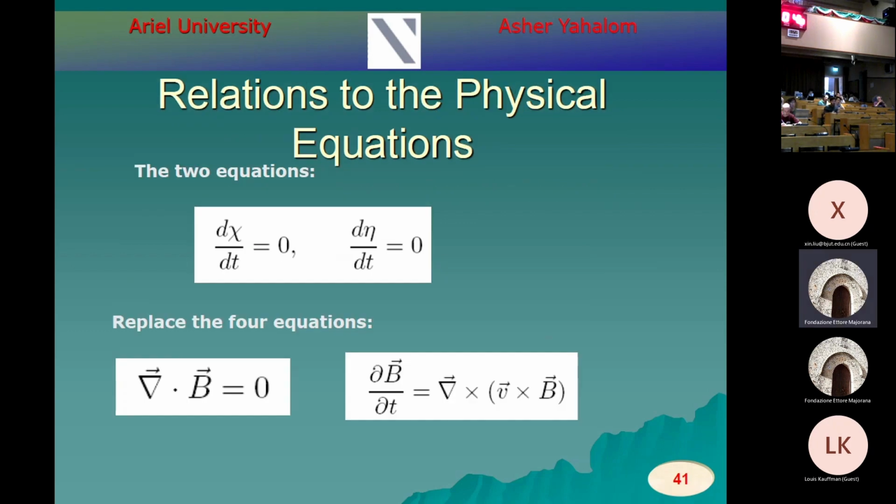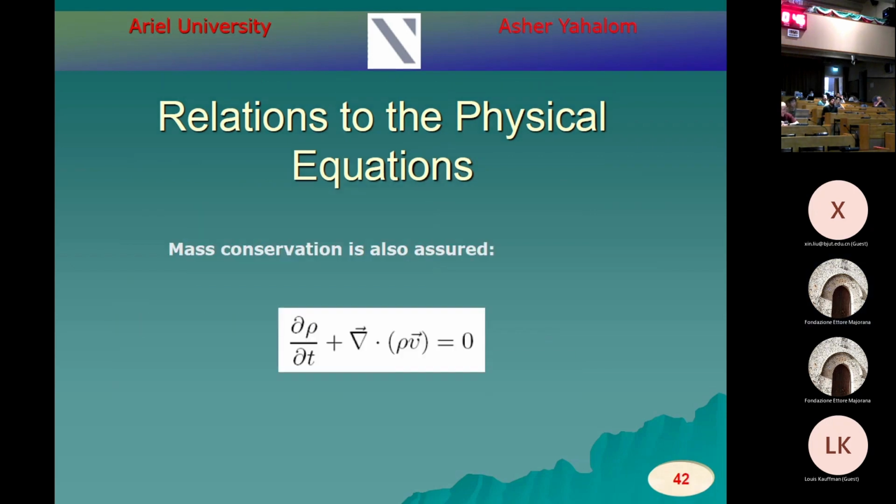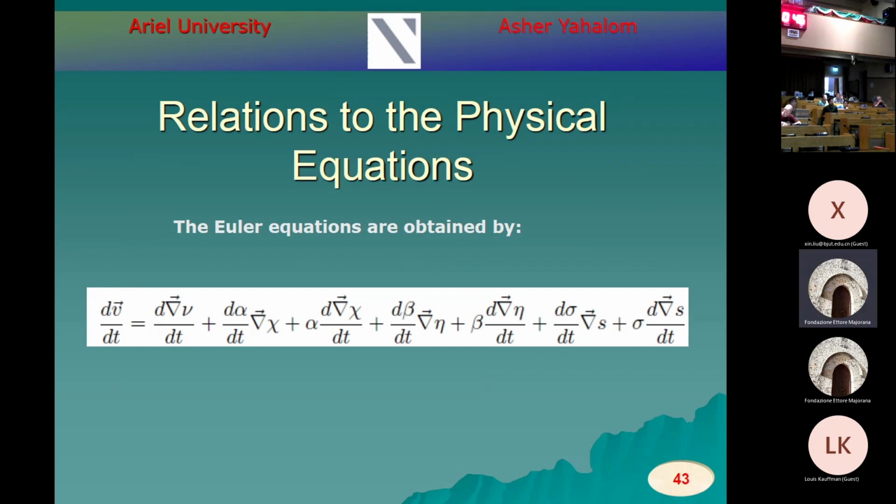Okay. So how are those related to the physical equations? Those are just variational equations. Those we already discussed. These are just the surfaces whose intersection is the magnetic field lines. And mass conservation, nothing to say about it. What about the Euler equation? Do we get the Euler equation?